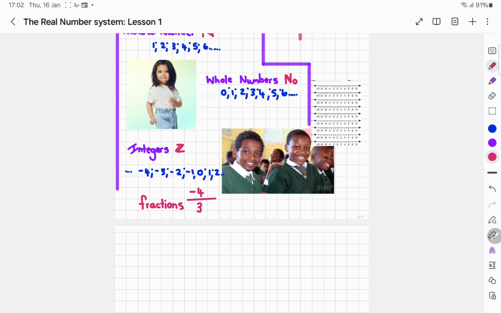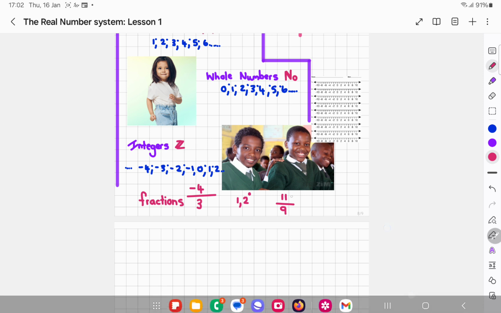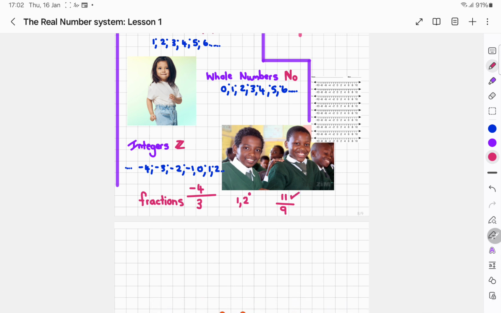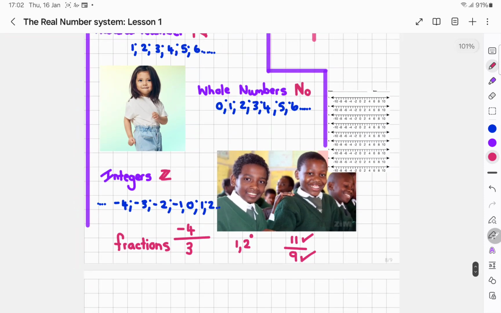So just please remember every number in between. If your teacher gives it to you as a decimal, let's say 1.2 recurring, if you put it in your calculator, 1.2222222, it will give you 11/9. So you can always test it and say, do I have an integer at the top? Yes, I do. Do I have an integer at the bottom? Yes, I do. So that would be a rational number.